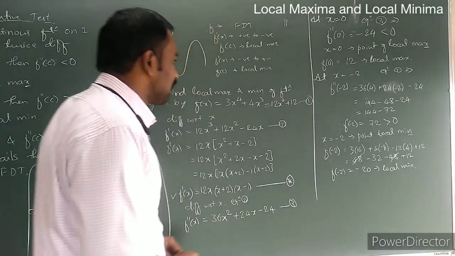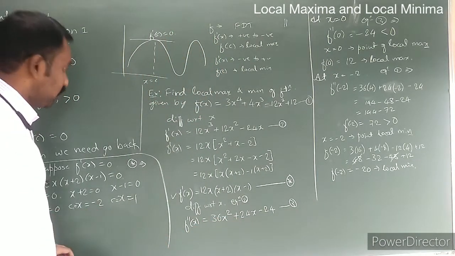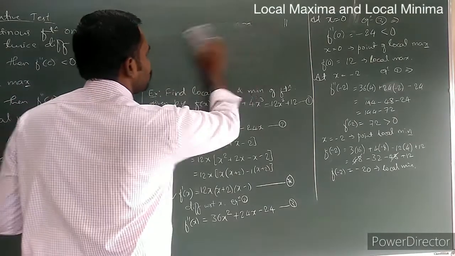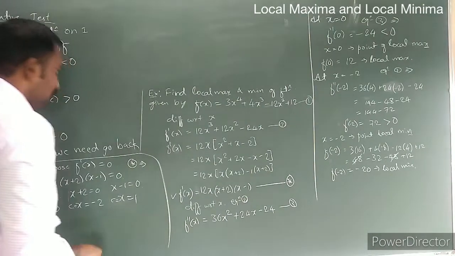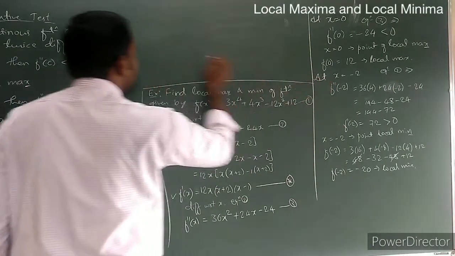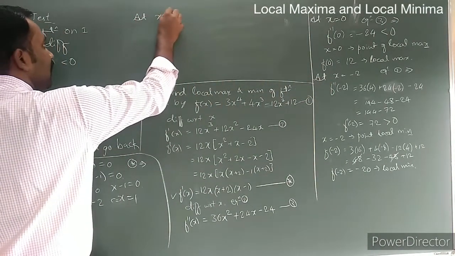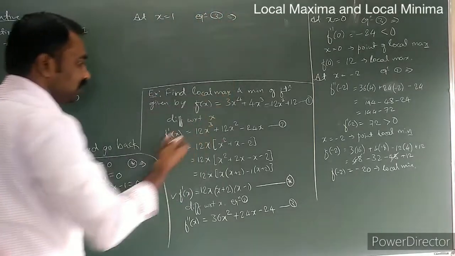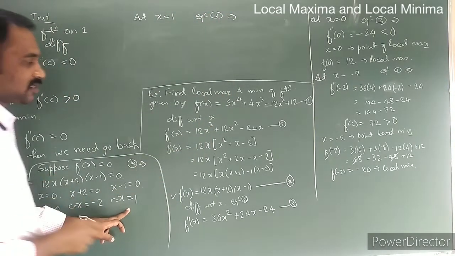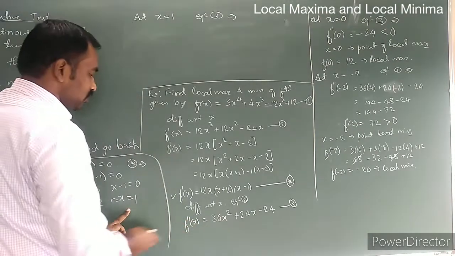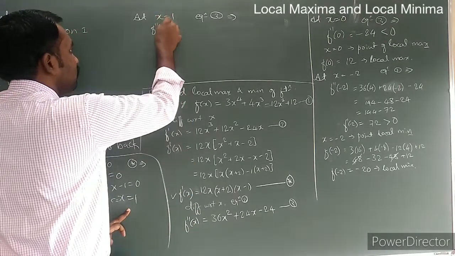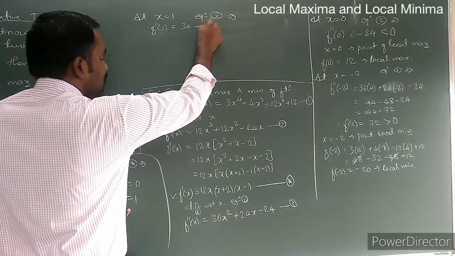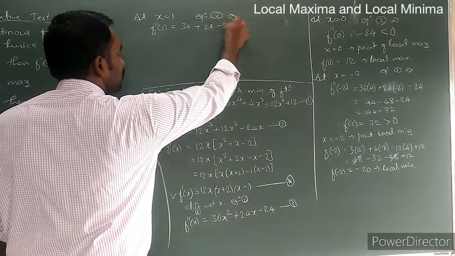And one more point is there. What is the one more point? x equal to 1. At x equal to 1, what does equation number 3 imply? f double dash of 1 is equal to 36 plus 24 minus 24.